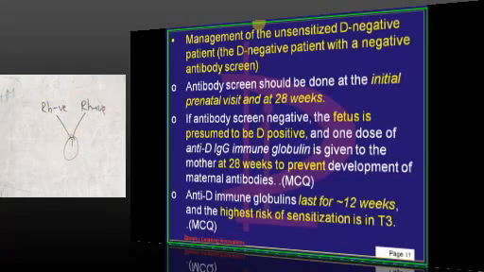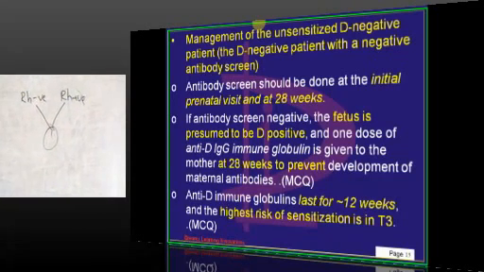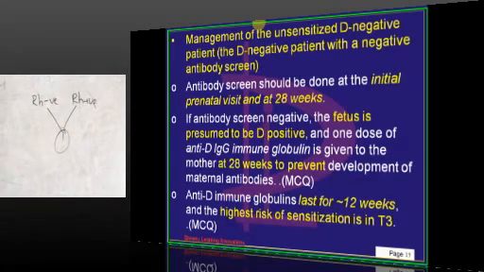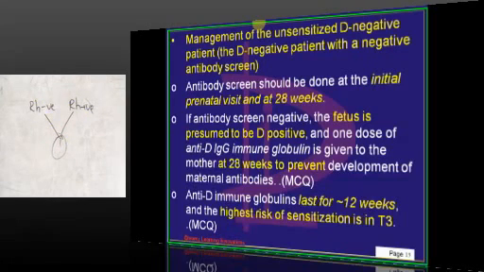What is the one test you do in the mother to know whether she is sensitized or not? Where do you do the Coombs test? It is the indirect Coombs test. Always remember, even though it is a small point, you get confused here. The direct Coombs test is used in the fetus, whereas the ICT, indirect Coombs test, is for the mother.